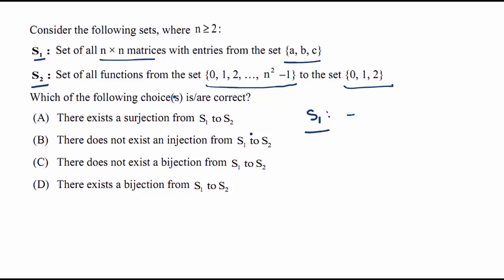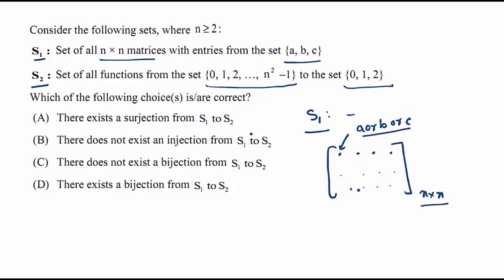Let's first see what S1 is. S1 is the set of all n×n matrices with entries from the set {A, B, C}. Suppose there is one n×n matrix whose entries come from A, B, C. Either the entry could be A, or B, or C. So there are three possibilities for every entry.